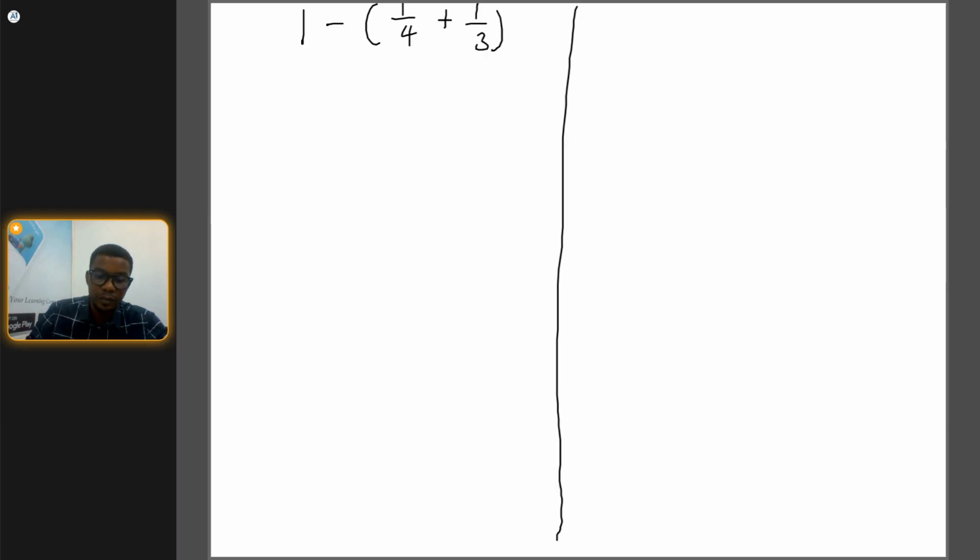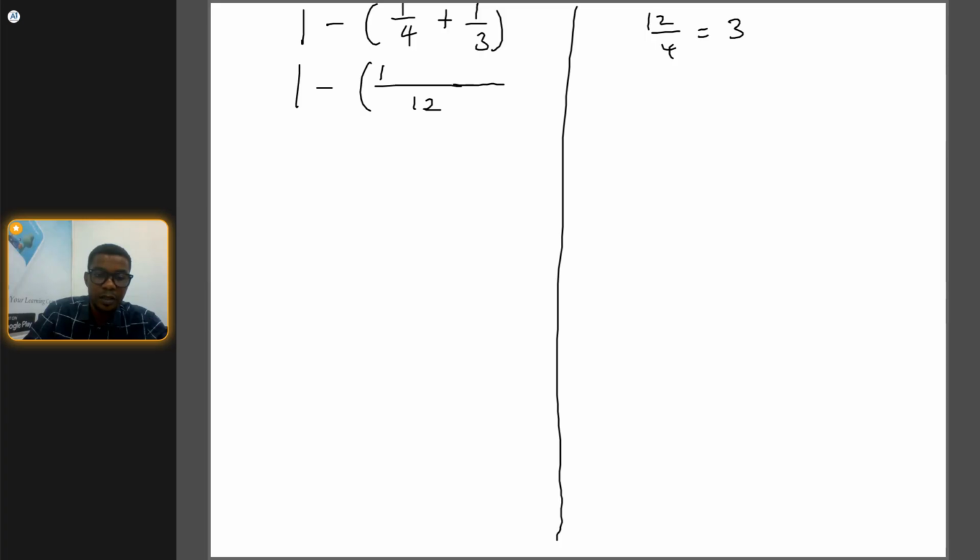We have 1 minus, 1 over 4 plus 1 over 3. The LCM here is 12. 12 divided by 4 should be equal to 3.